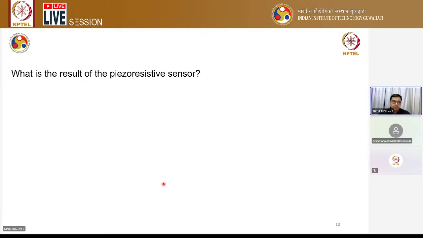Then the second question was, what is the result of piezoresistive sensors? We discussed this topic in detail in module 7, I think, where we talked about force sensors basically.